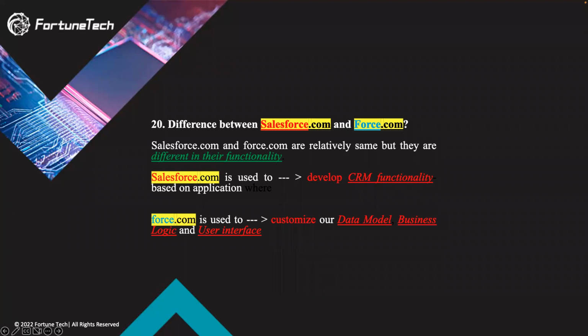We don't use force.com, right? But they're almost the same thing. They used to use it, but right now I believe we don't. Even if you go to the developer console, you are not going to see anything like force.com in the URL.